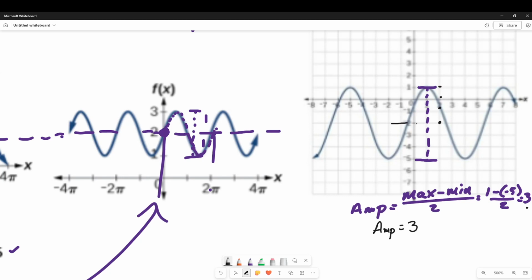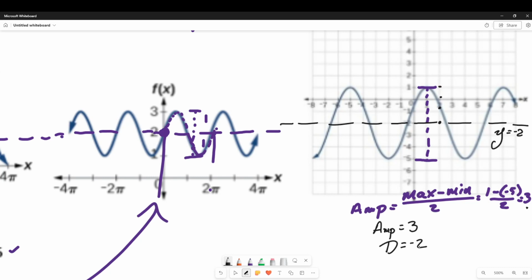So that center line has to be happening at that -2, which we probably could have picked out anyway, but if it's hard to see, just go from your max to your min and calculate it. It's often handy, particularly if the graph's a little imprecise. So y equals -2 is our center line, so we have a d of -2.